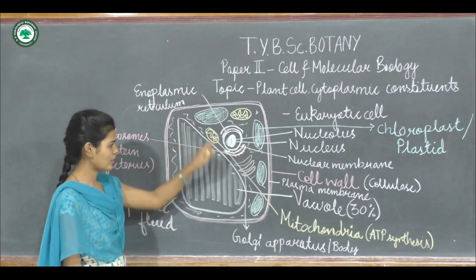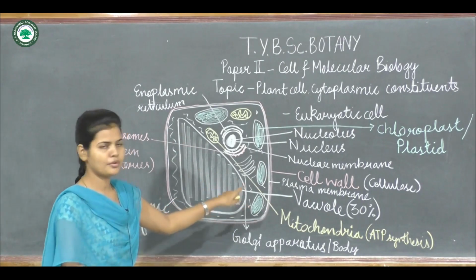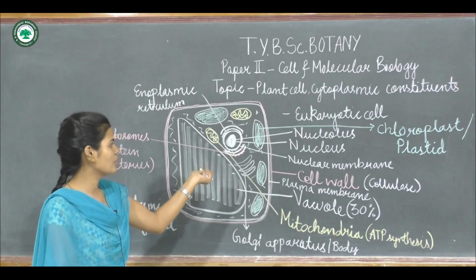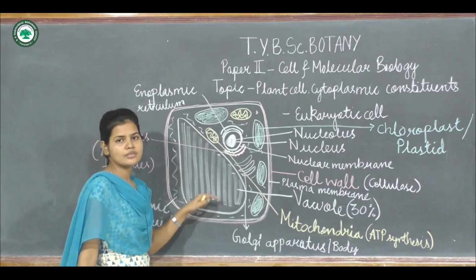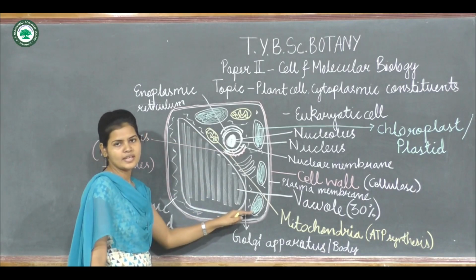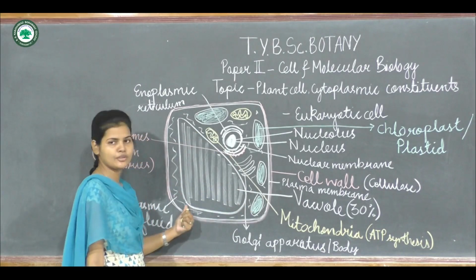Now all the organelles, that is vacuole, mitochondria, chloroplast, Golgi, are immersed, or floating, in the cytoplasmic matrix, or we can say cytoplasmic fluid.